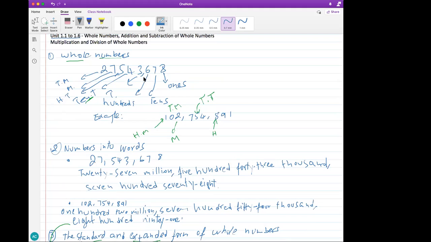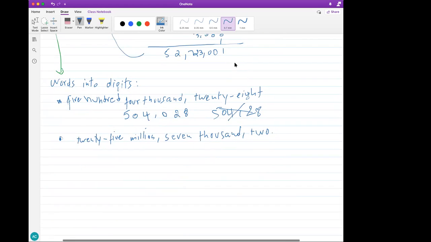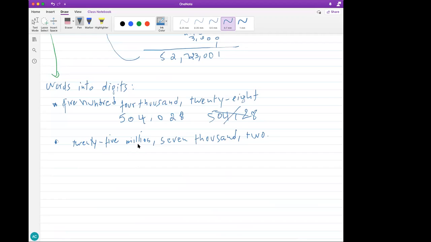Again, there's always one group here, up to the hundreds, and then we have a second group for the thousands, and the millions has a third group. So the millions means you're gonna have 3 groups, each group with 3 digits. So again, 1, 2, 3, that's for the millions. 1, 2, 3, thousands. 1, 2, 3, the hundreds, tens, and ones.